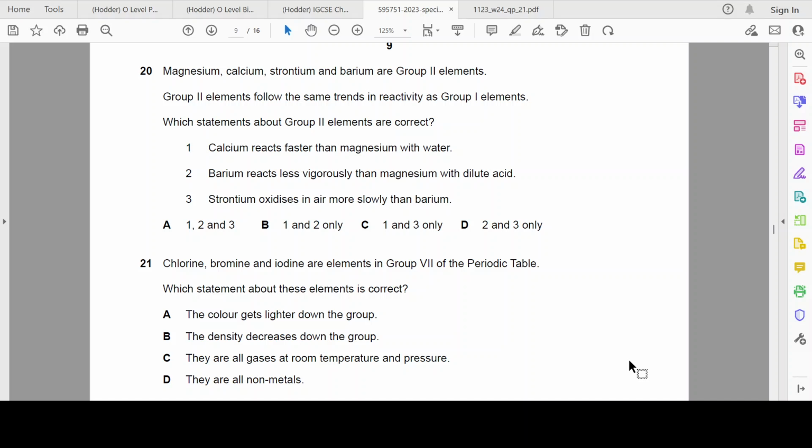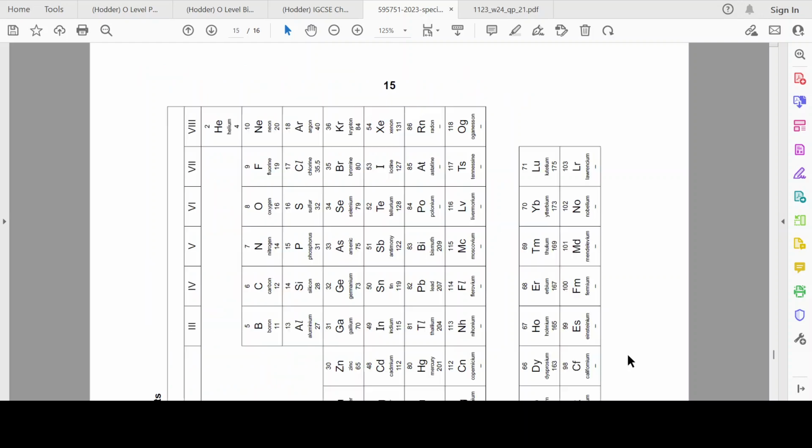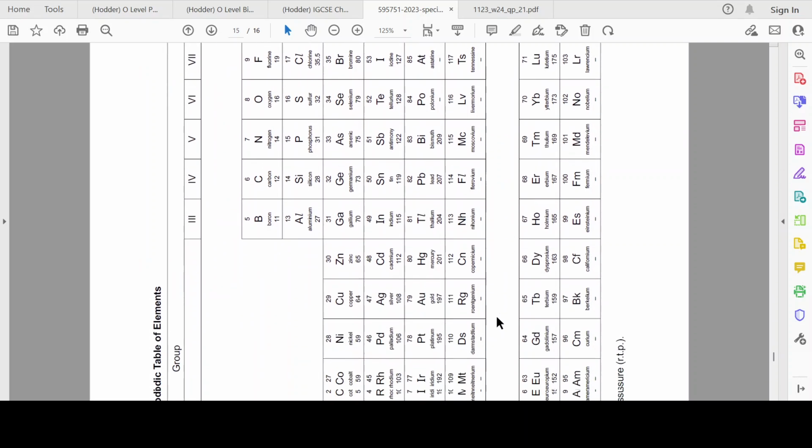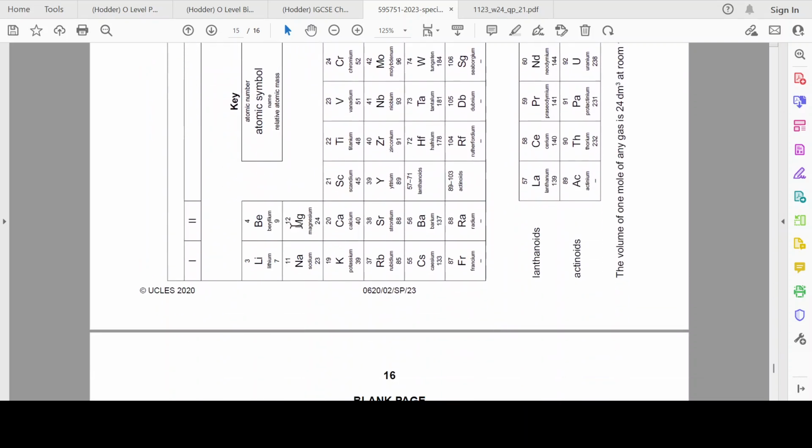Now, since we have the periodic table, group 2, we have magnesium over here at the top, then we have calcium, and then we have strontium. So these are the three we're talking about. Now, trends for reactivity: does reactivity increase or decrease down the group?